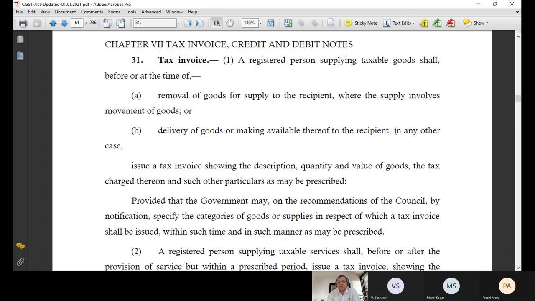There may be some goods which do not require movement, like installation of heavy machinery. For example, any company wants to install a heavy project, a heavy machine. So the supplier cannot move that machine. These cannot be loaded on any truck, etc. These have to be assembled at the site.